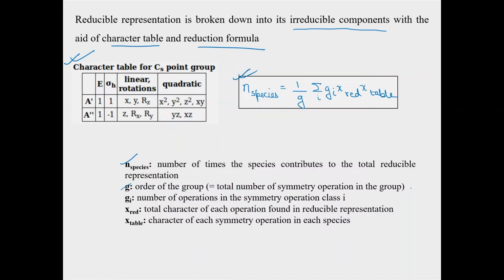So here we can see that there is one E and one sigma h, so the total number of symmetry operations is 2, and hence the order of the group is 2.